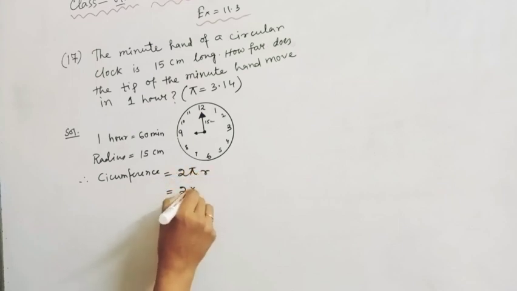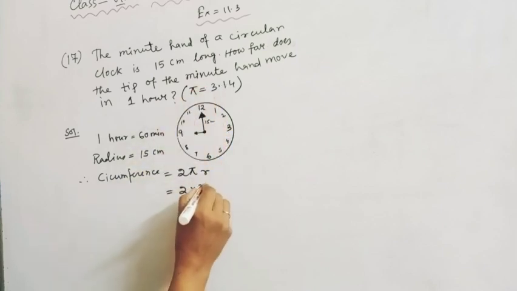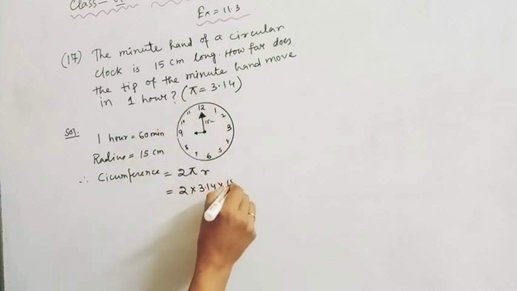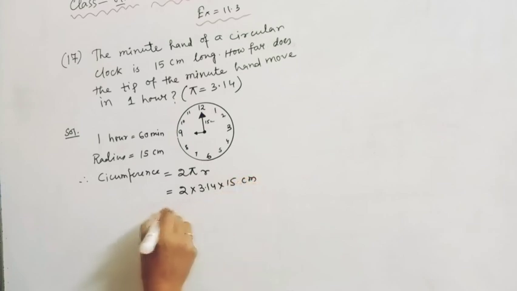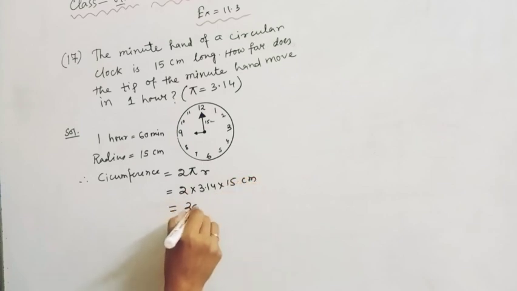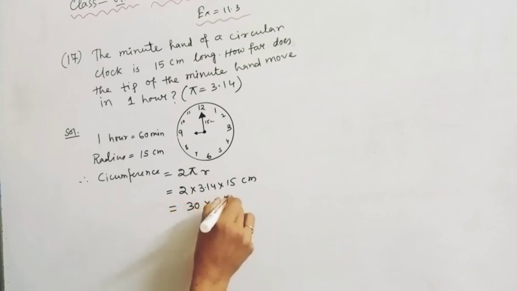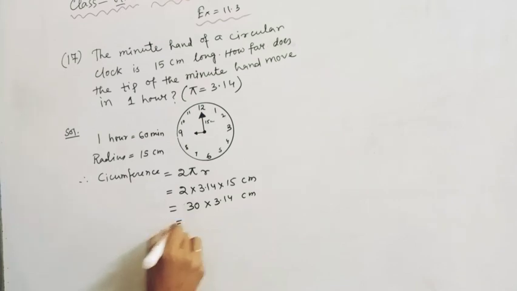The value of pi is given as 3.14, and the radius is 15 centimeter. 15 into 2 is 30, into 3.14, multiply it and you will get the value.